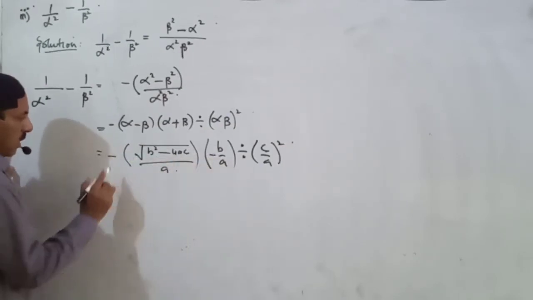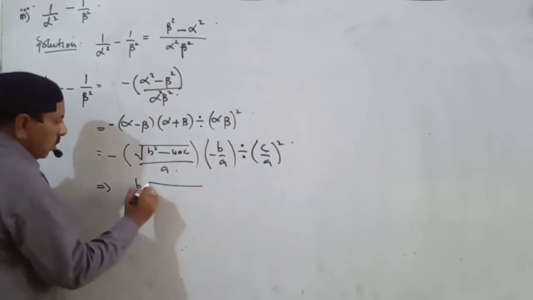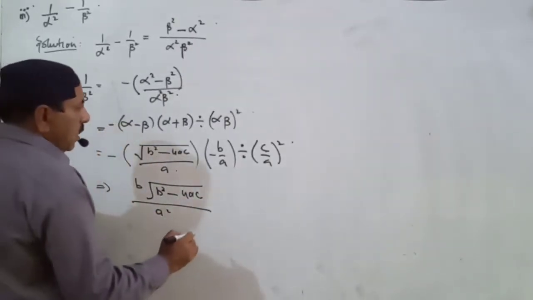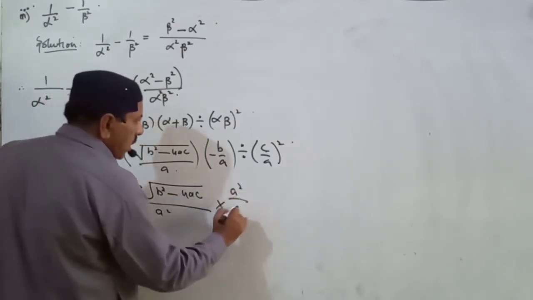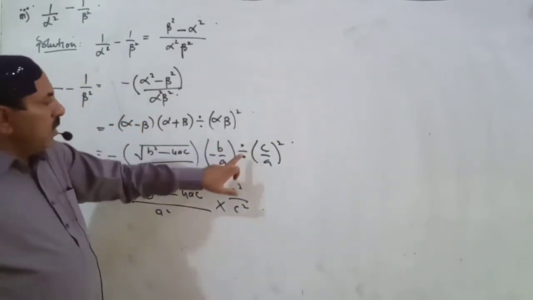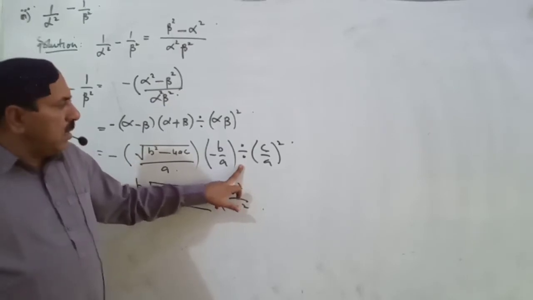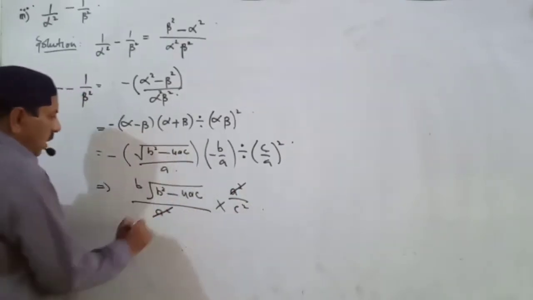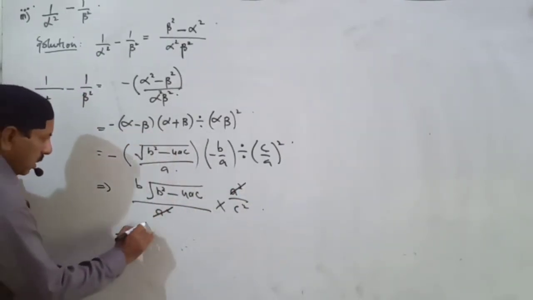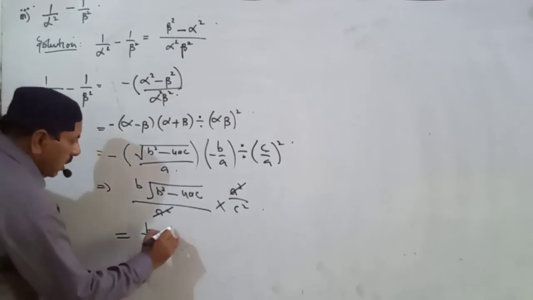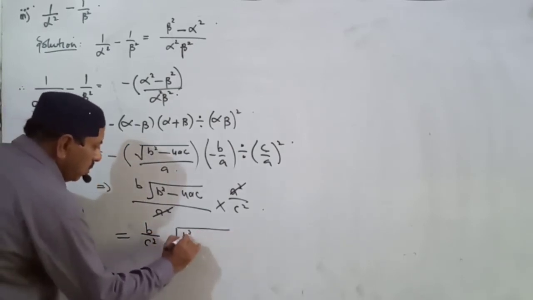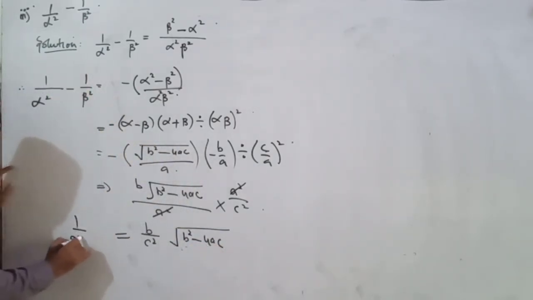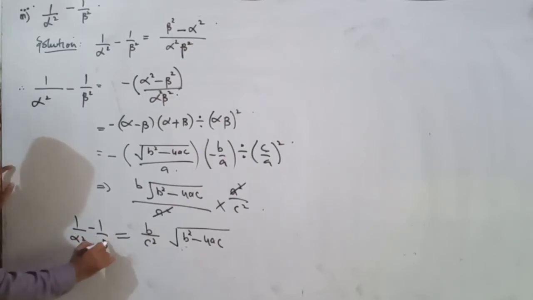So minus into minus plus b into square root of b square minus 4ac upon a square into a square upon c square. When the sign of division changes, c and a are written reciprocally. So a square cancels, and the result is b upon c square into b square minus 4ac.